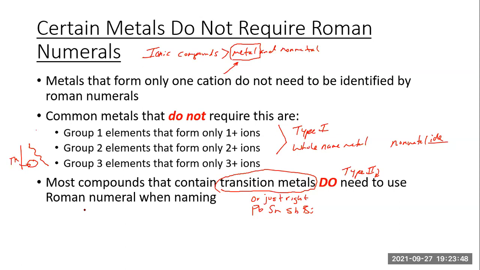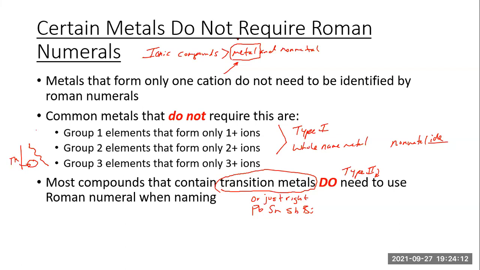For example, iron in certain cases can be +2, and in other cases iron can be +3. Because it can make a variable charge, when we name it we have to indicate to whoever is looking at the name that we're talking about iron with a +2 charge or iron with a +3 charge.